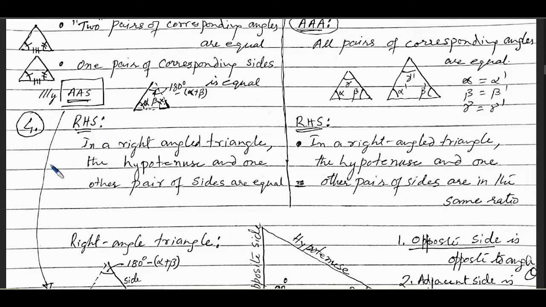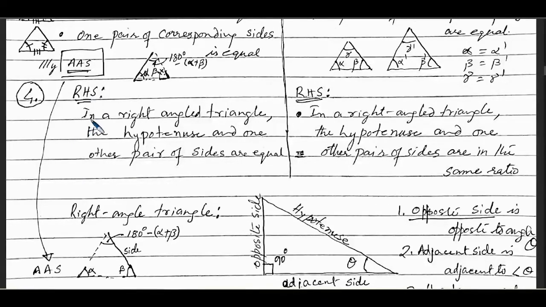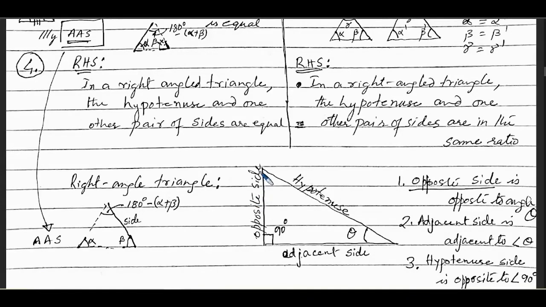a congruent rule. Then the fourth one is in a right angle triangle: if the hypotenuse and one of its sides of the two triangles are same, then they are called congruent. What is a right angle triangle? This is a right angle triangle I have shown here.